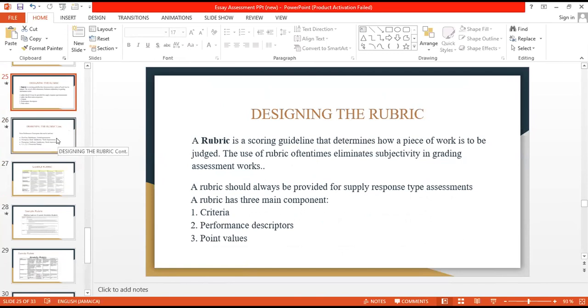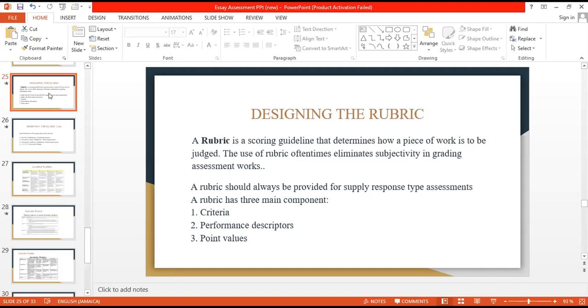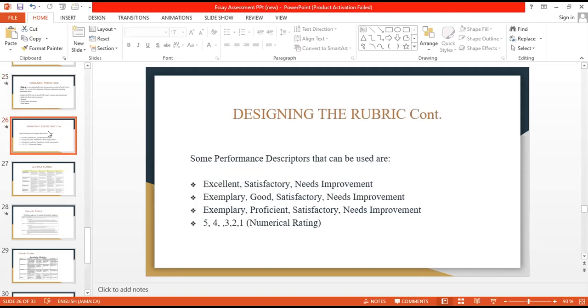Yeah, so you must have some criteria set out. You usually have what you call your descriptors and your point values. Starting with number 2, performance descriptors. These could be excellent, satisfactory, needs improvement.